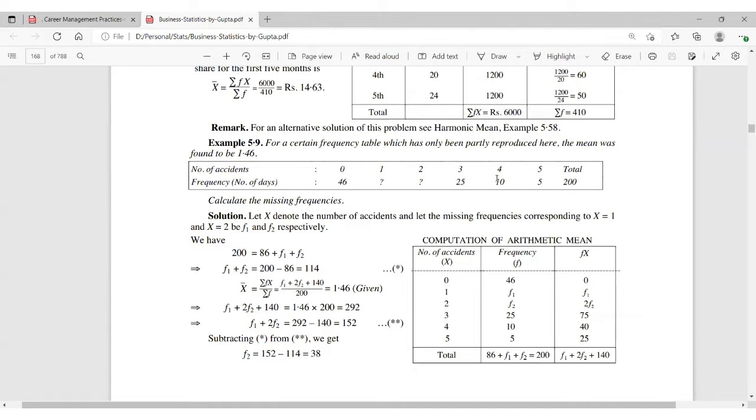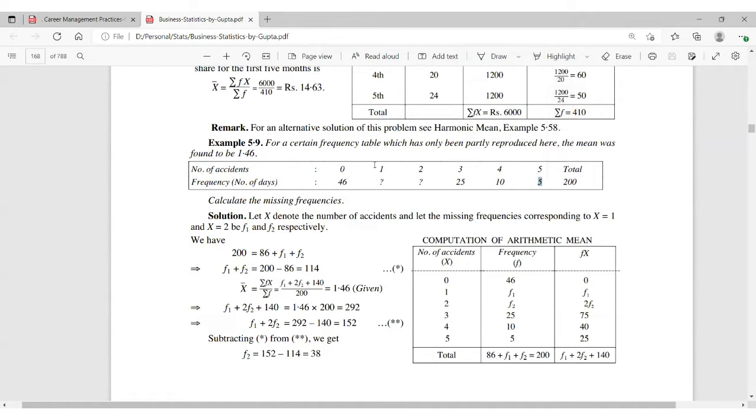For the next, in 10 days there were 4 accidents, and in 5 days there were 5 accidents. So the total number of days is 200: in 200 days, 46 days had no accident, 25 days had 3, 10 days had 4, and 5 days had 5.